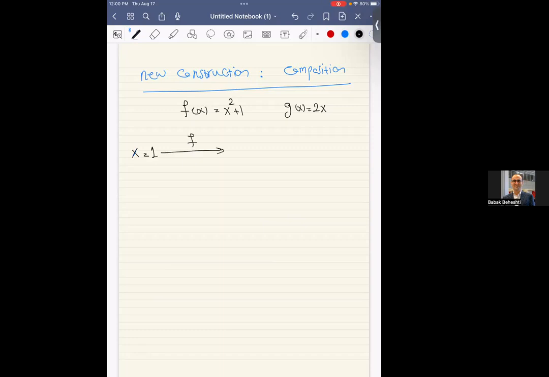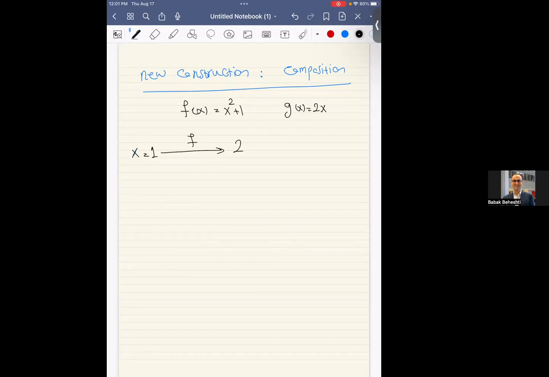So when the input of f is 1, what is its output? 1 squared plus 1 is 2. So f takes 1 to 2. You can imagine a function like a map. It takes 1 to 2, like a mapping.